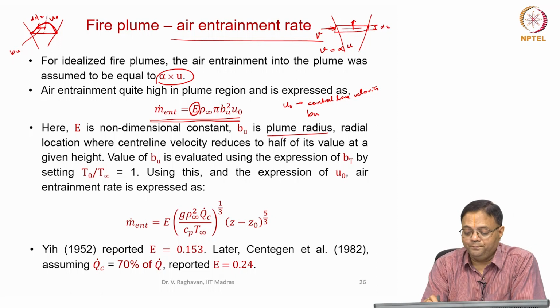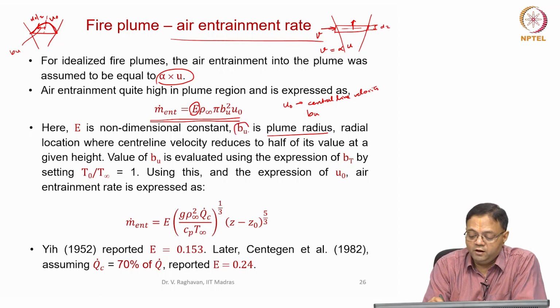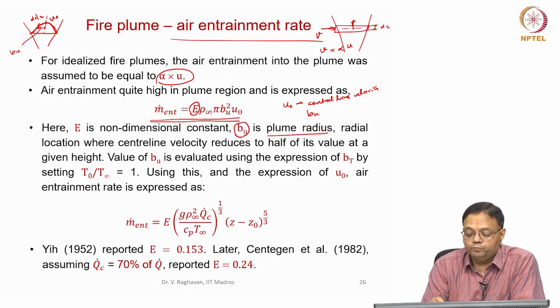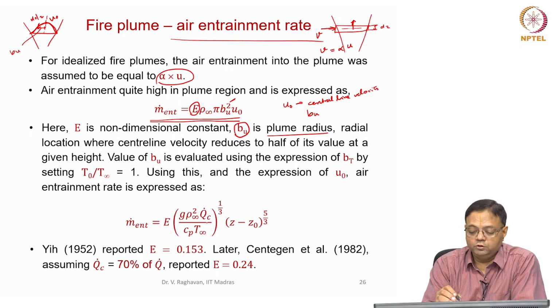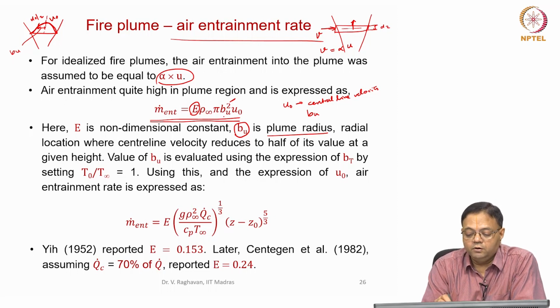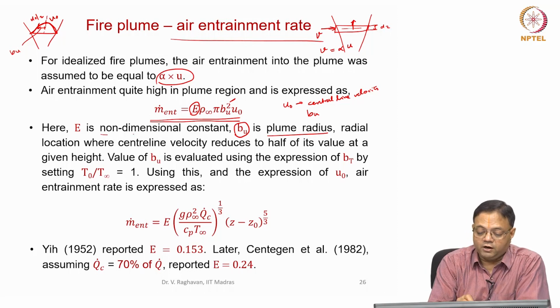Based upon the velocity profile, the plume radius b u is estimated in this way and used here. So rho infinity, area pi b u square, into u naught, the center velocity, is the mass flow rate of the plume, you can say. Now E is the non-dimensional constant.